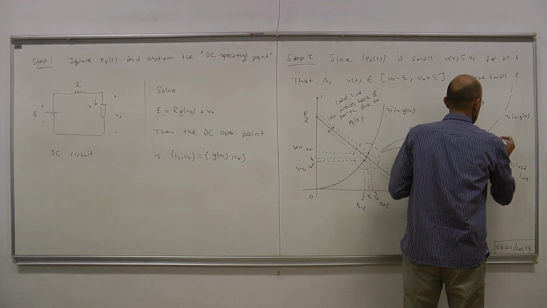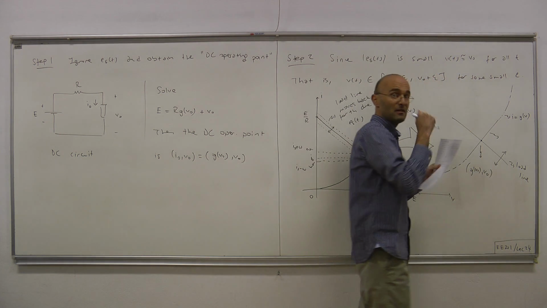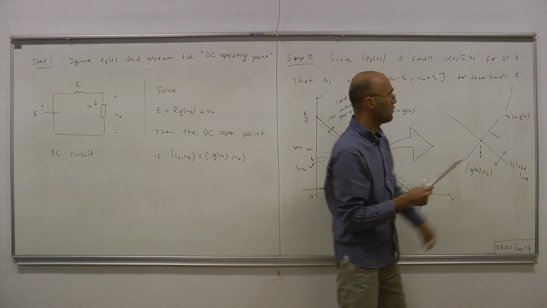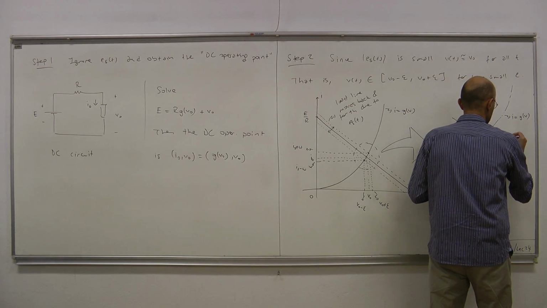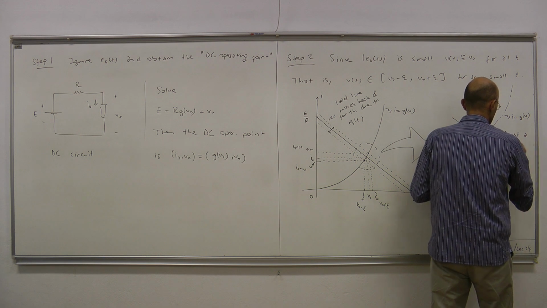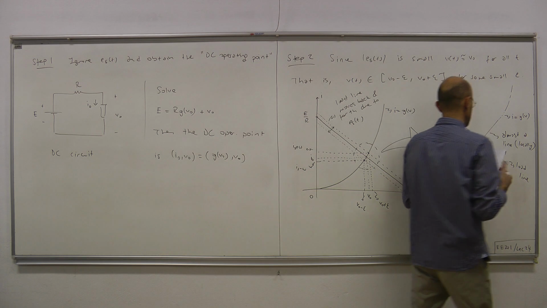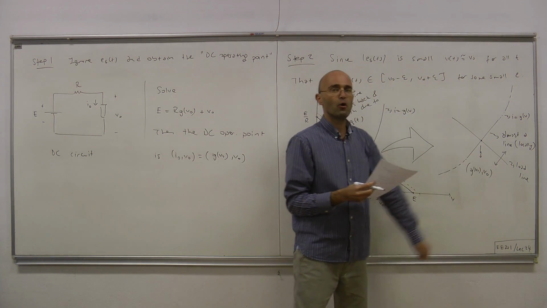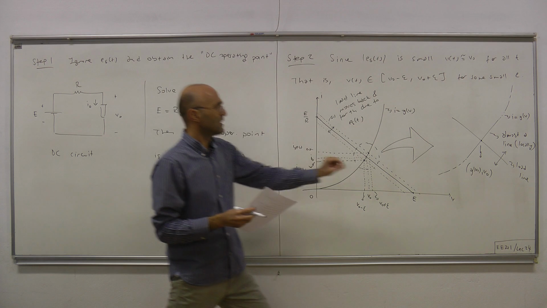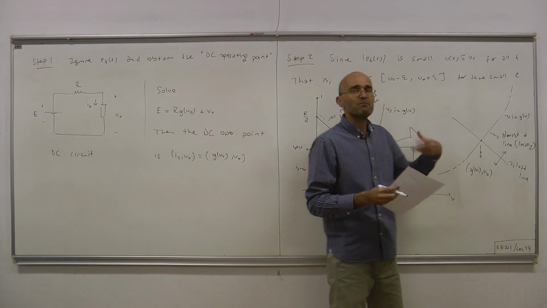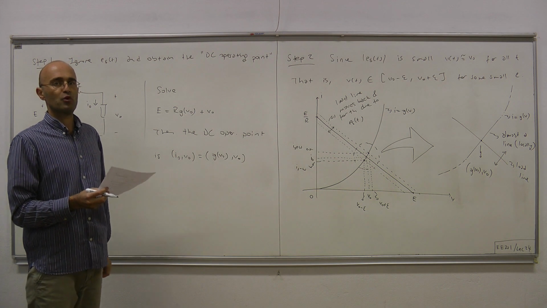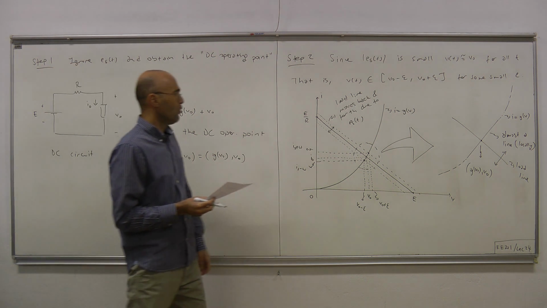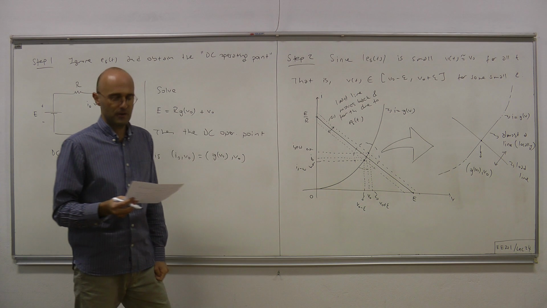Even though it's not a line in general, because it's a nonlinear curve, it can be approximated by a line, at least in some neighborhood of the operating point. And that simple observation will help us obtain a very successful approximation for the voltage and current of the nonlinear resistor.